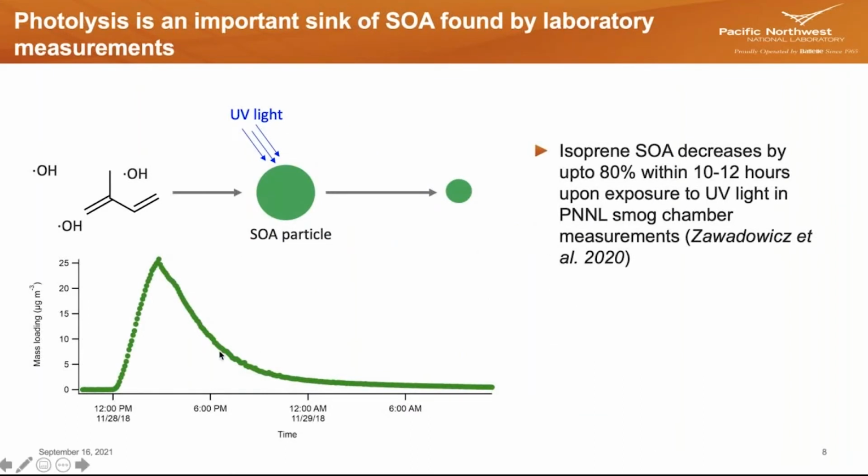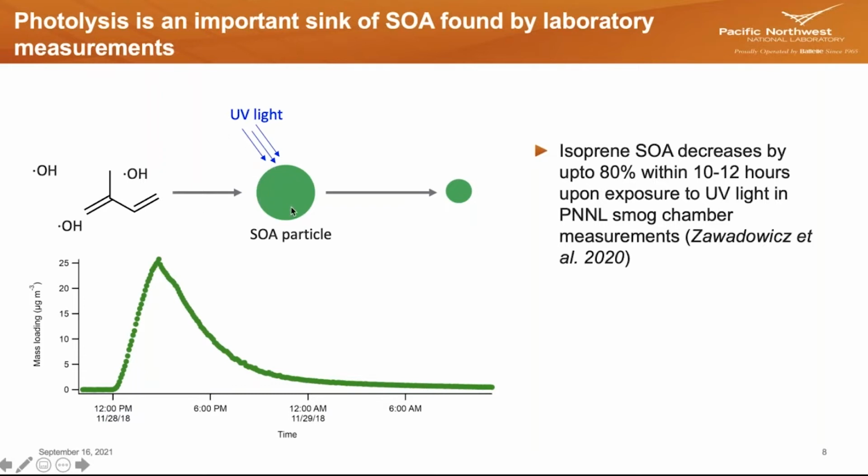So another important experimental finding is photolysis. These are measurements shown from the PNNL environmental smog chamber, where isoprene SOA was generated and then exposed to UV light.